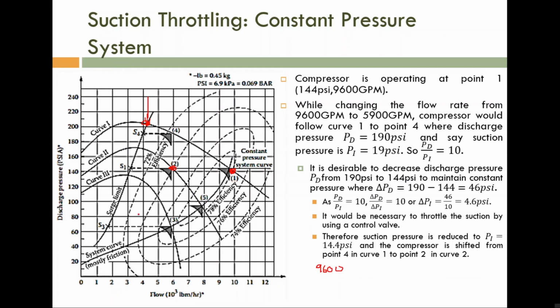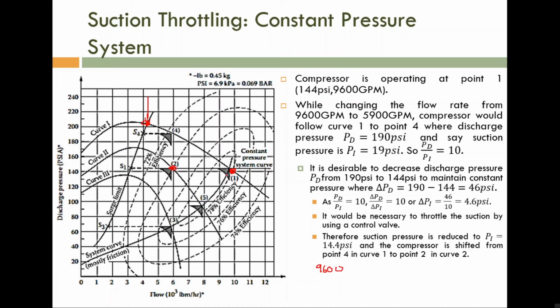Meaning from that flow onwards, curve 1 gives a stable system. So now you can see that corresponding to operating point 1, the flow rate is 9600.